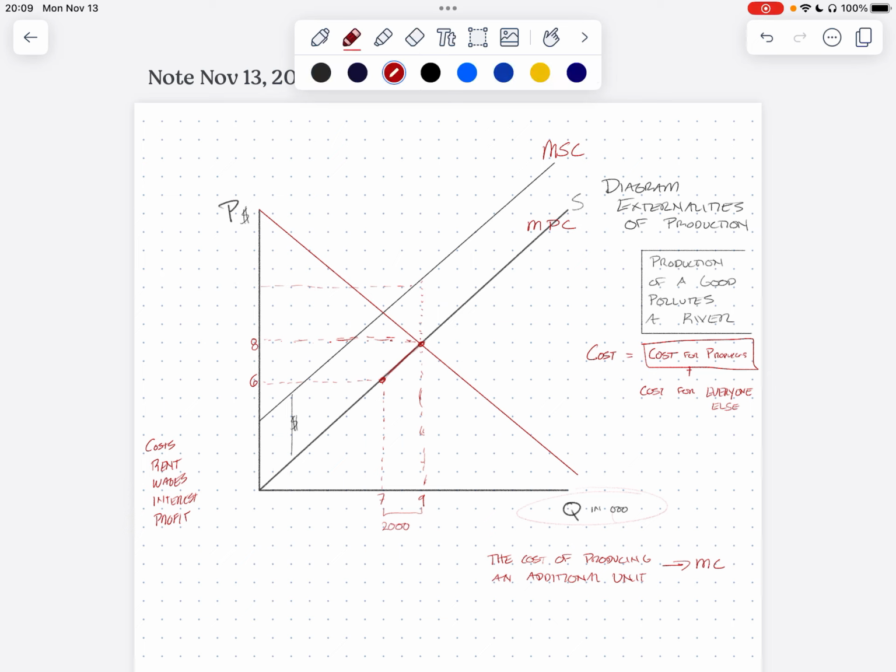That should be $3. We can see here that that's equal to 11.